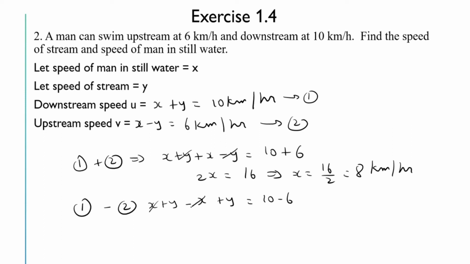So we have 2y is equal to 4, or y is equal to 4 by 2, that is equal to 2 km per hour. So we get the speed of man in still water as 8 km per hour and the speed of stream is 2 km per hour.